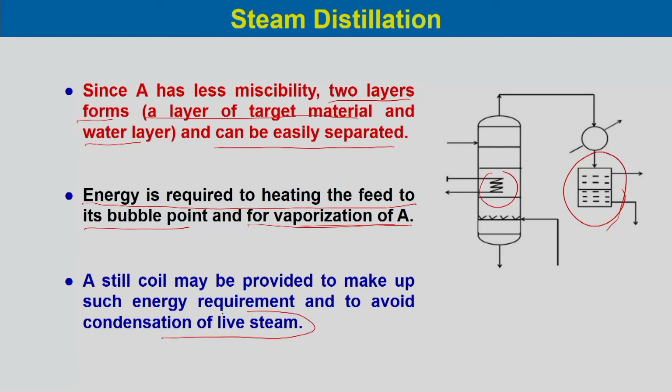So, live steam should not be condensed inside the steam distillation column. So, in between we can install some coil inside the column, so that it will always be live steam. So, it should not condense there.